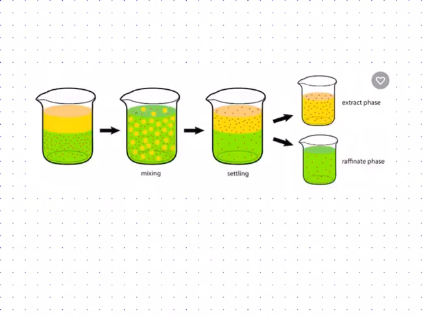This is another picture demonstrating liquid-liquid extraction. These are the liquid solution that you have, which consists of species, maybe species A as your solute and another species B. Then you add your solvent.